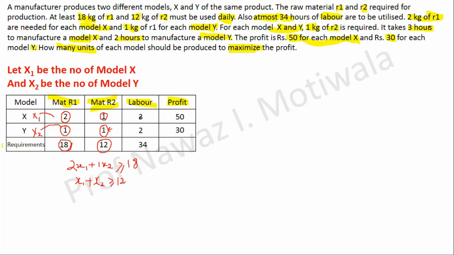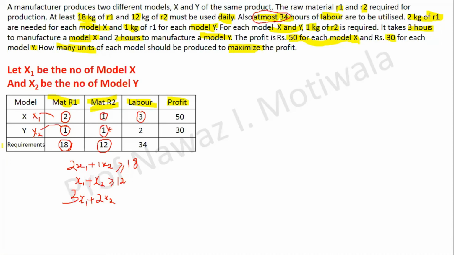And similarly for labor, 1 unit of X requires 3 hours of labor. So how many hours will be required by X1? It will be 3X1. This will be the total labor hours required by model X. Similarly, if I go for model Y, it will be 2X2. But now observe here, it is given in the question at most 34 hours.